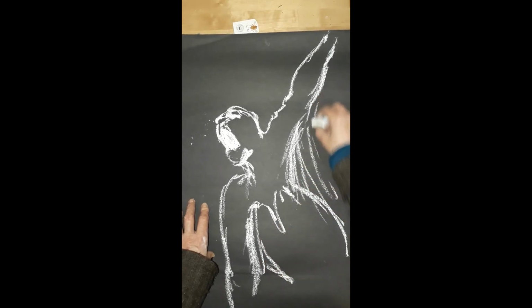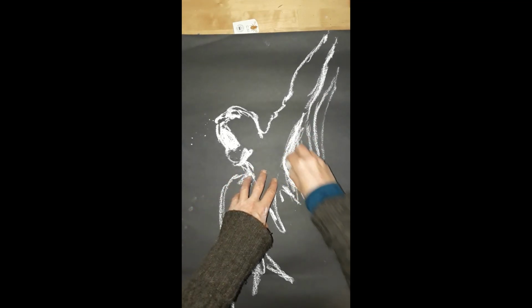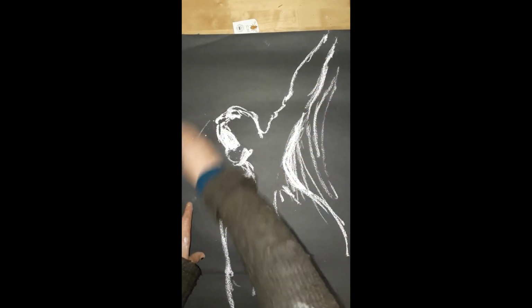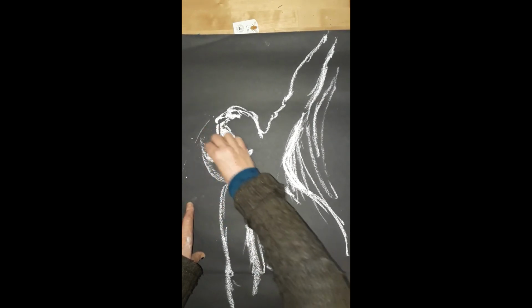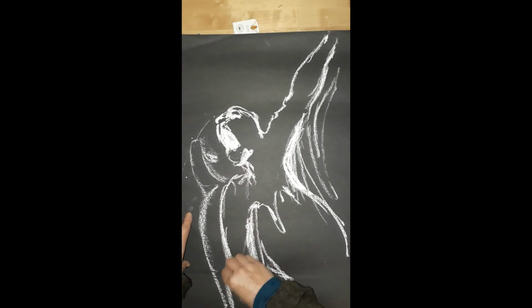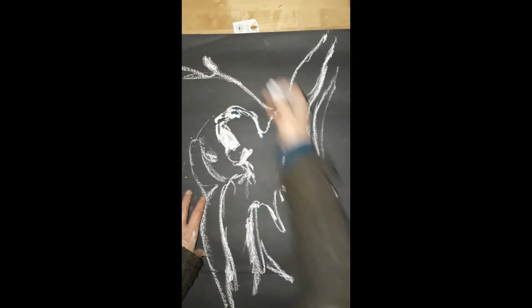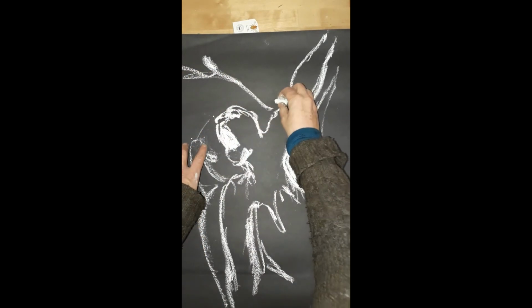So I could use some linear marks to suggest tension. And then maybe some marks around here, as if it's coming forward. And then I could use the background to suggest movement this way.